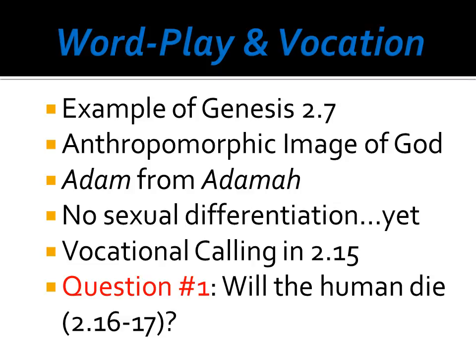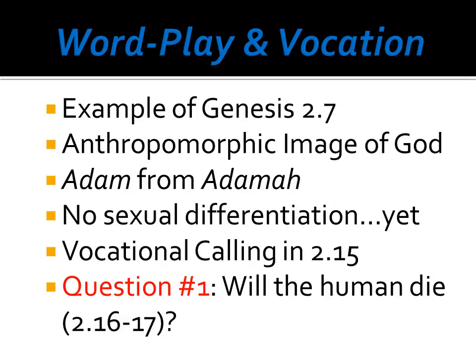This is clearly an anthropomorphic image of God, in that God's portrayed as carrying out human activities like forming and breathing. All of this is apparent from the text, but what might not be so apparent is the wordplay between the word the English translation renders as, quote unquote, man, and the word, quote unquote, ground.